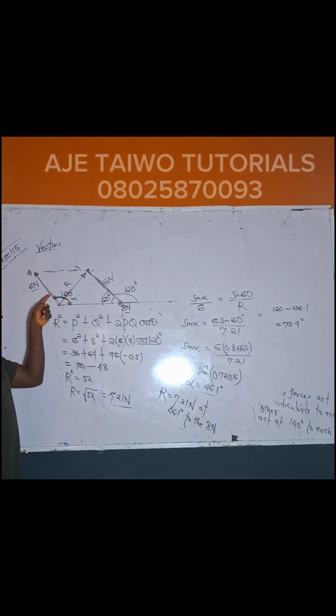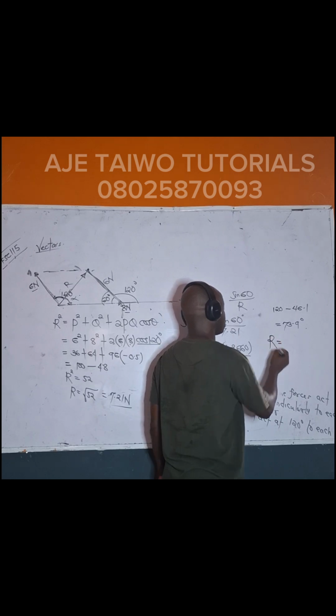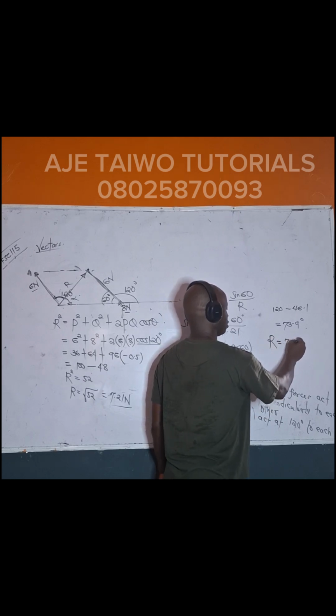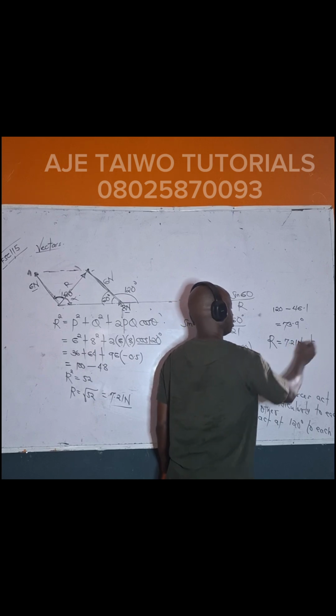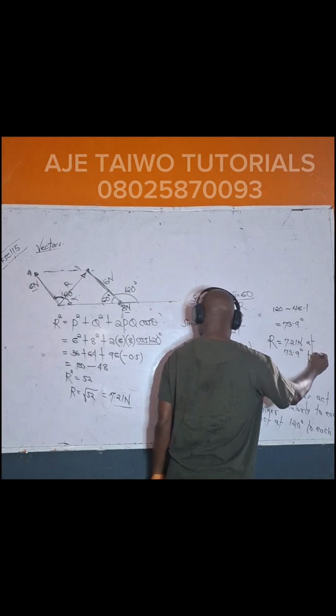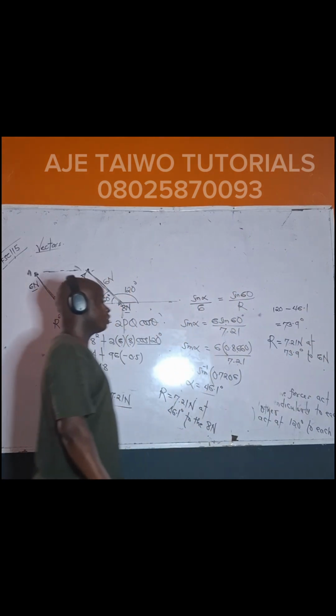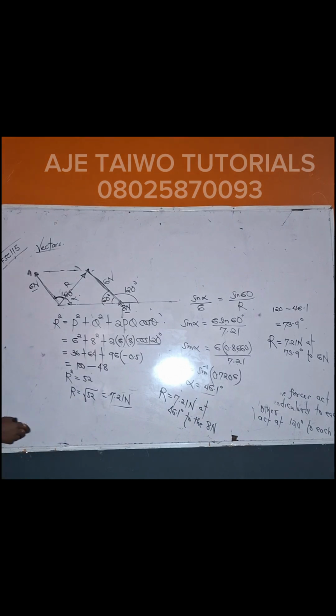How do you get that? The whole of this is 120. Here is 46.1. The remaining will be 120 minus 46.1. Give me the final answer. R equals 7.21 Newton at 73.9 degrees to the 6 Newton force. Yes, you're correct. That's how to do all this.